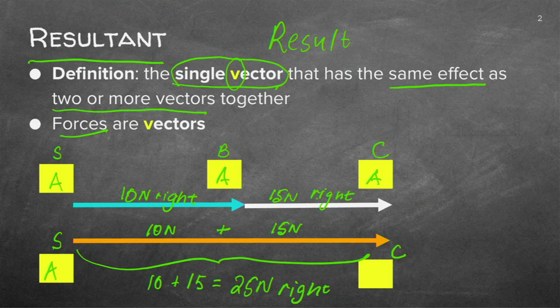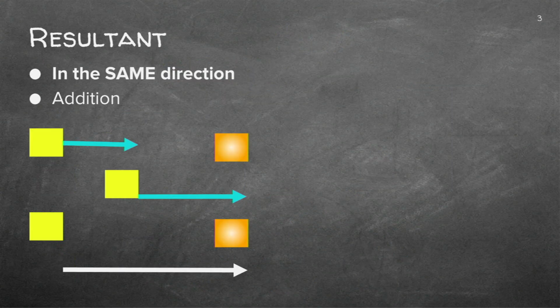So it's one vector representing all of them. If it's in the same direction as we had in our previous one, we had 10 newtons to the right and 15 newtons to the right, I actually added them together. So if it's in the same direction, you just add and you'll find 25 newtons to the right.